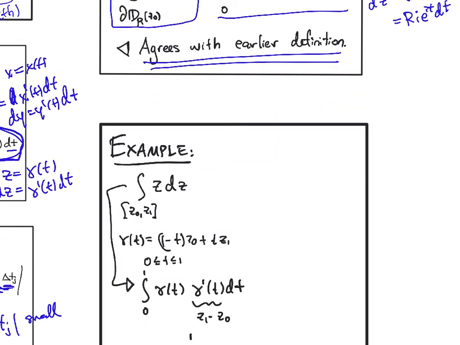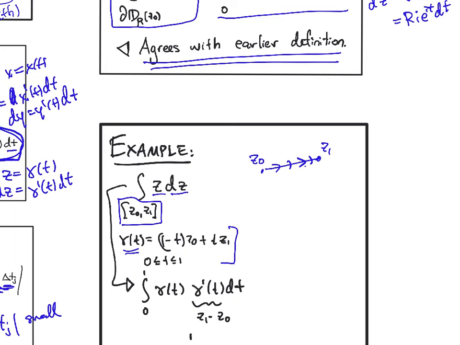Okay, and let's do a more concrete example. Let's integrate z dz over the line segment from z0 to z1. So we can parametrize the line segment as we've done before, (1 minus t) z0 plus t z1.